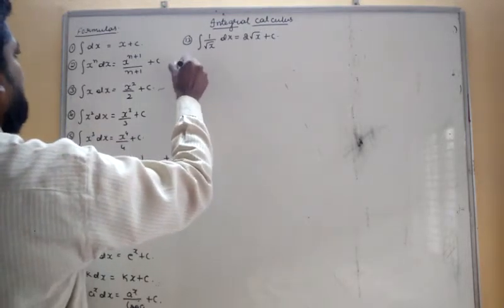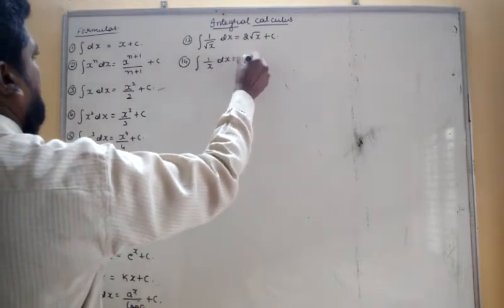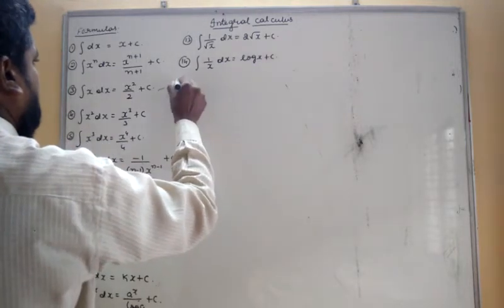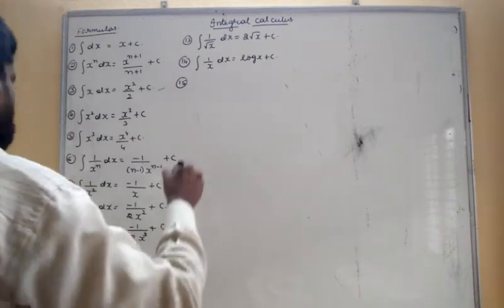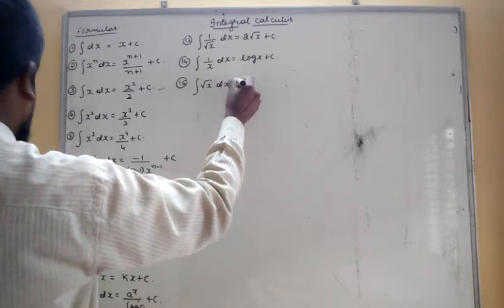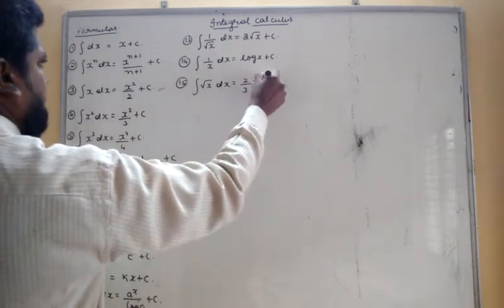Integration of 1 by x integration is log x plus c. Then integration of root x is 2 by 3 x to the power of 3 by 2 plus c.